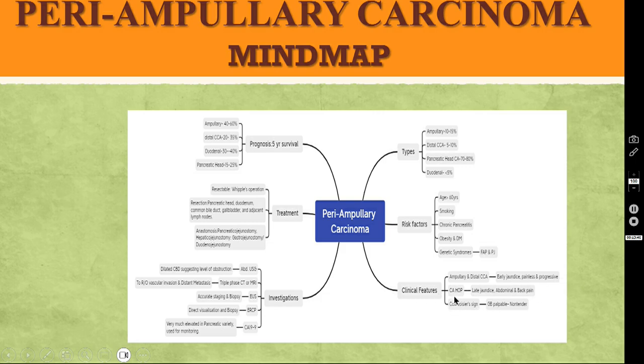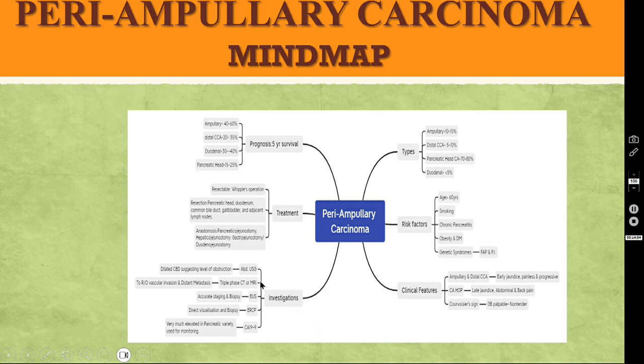Clinical features of carcinoma head of the pancreas: late jaundice. These people will present with abdominal and back pain. Courvoisier's sign, that is a non-tender enlarged gallbladder, is palpable.